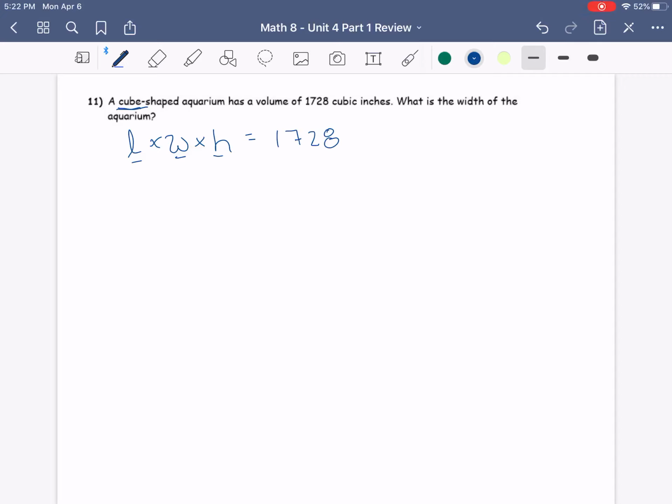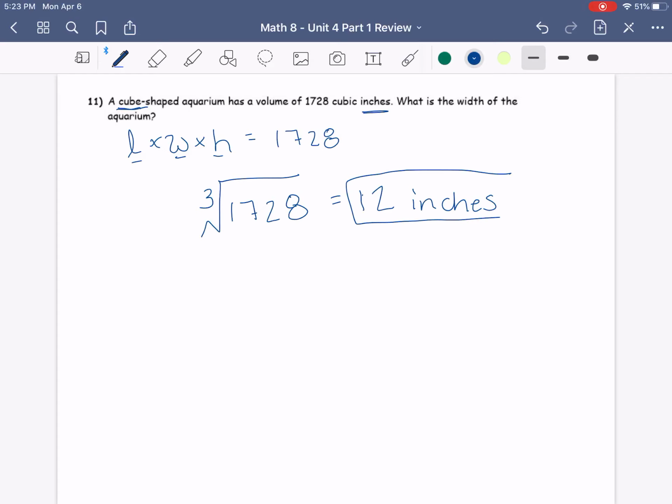Well, if they're all the same numbers, that means that all we need is the cube root of 1,728. And when we do that, we get 12. And then don't forget the label. So each side length, the width, the height, each of those is 12 inches.